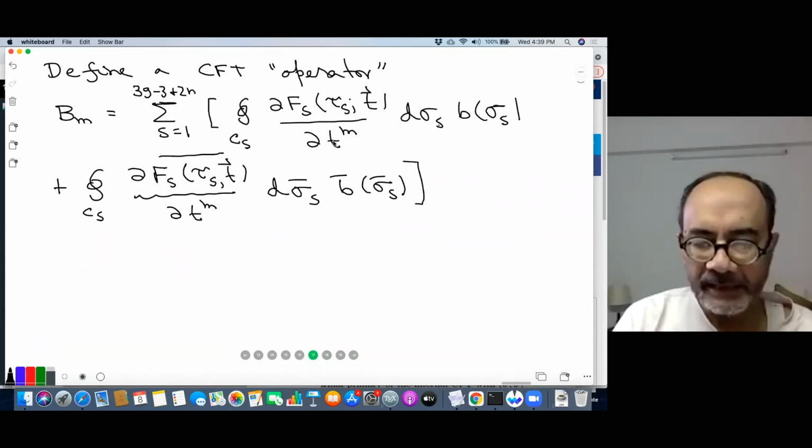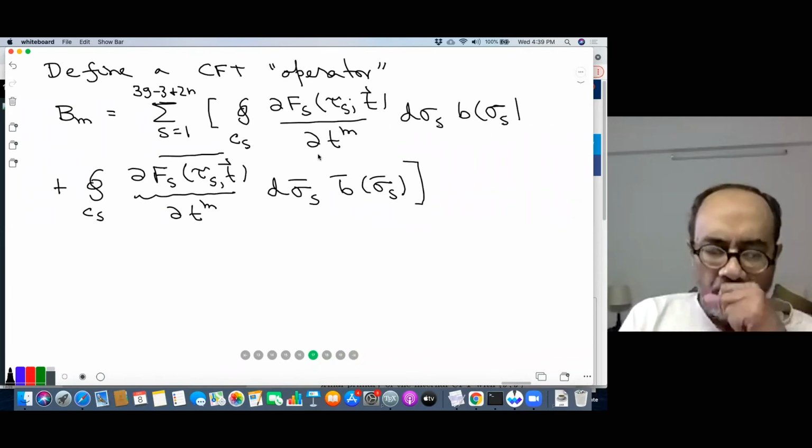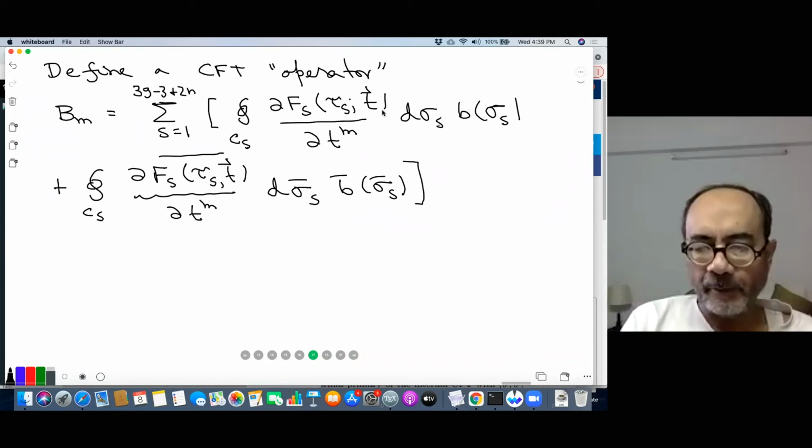So the combination that appears here is really del F_s by del t_m times dt_m, and that is manifestly invariant under reparameterization of t. So it doesn't really matter what kind of coordinate system you choose.